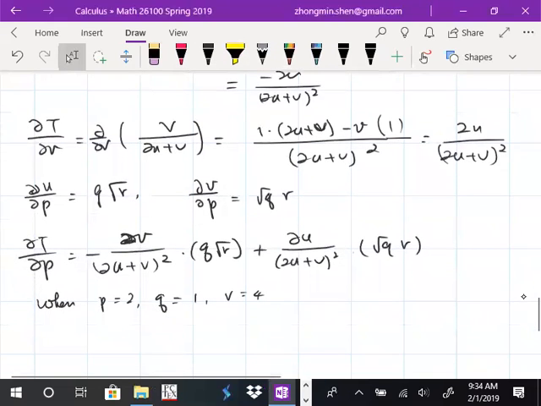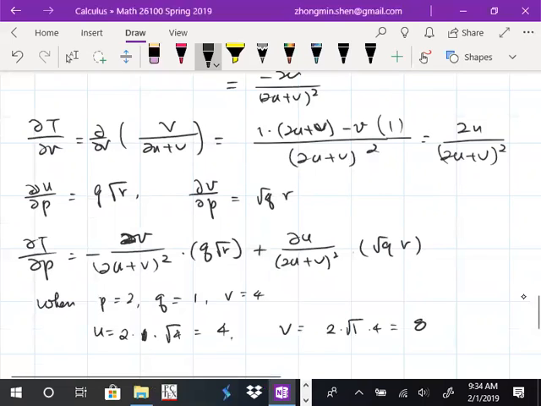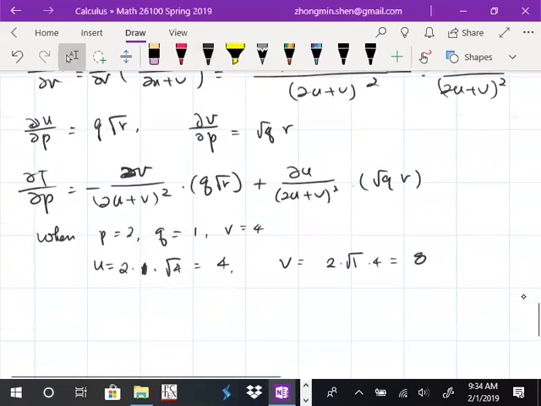You still have to find U and V. In that case, U is going to be 2 square root of P, Q and the square root of R, so that's 4. V is going to be 2 square root of Q and R, so it's 8.